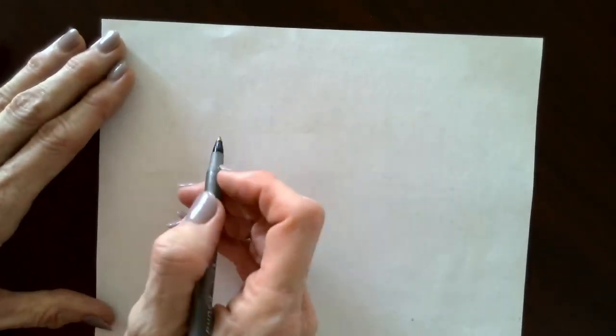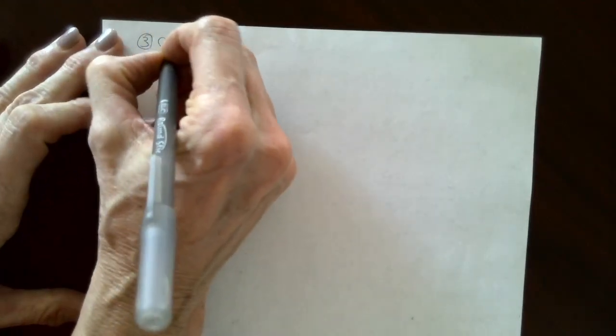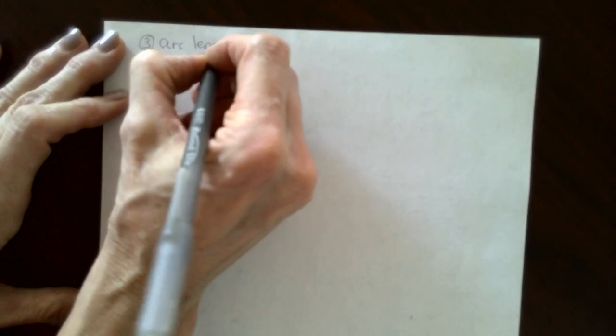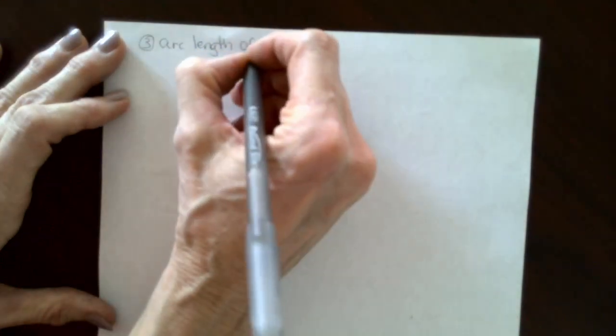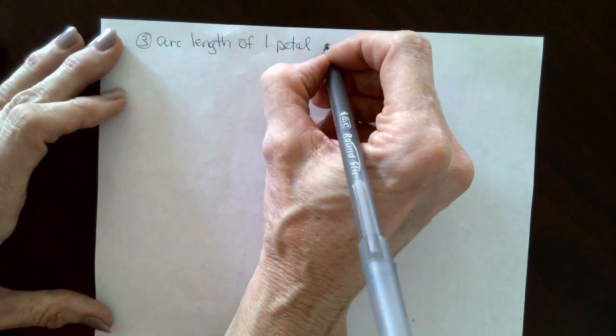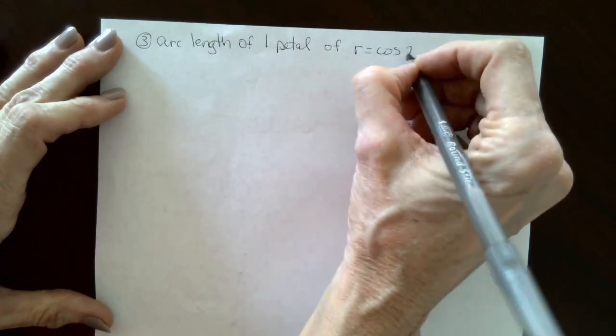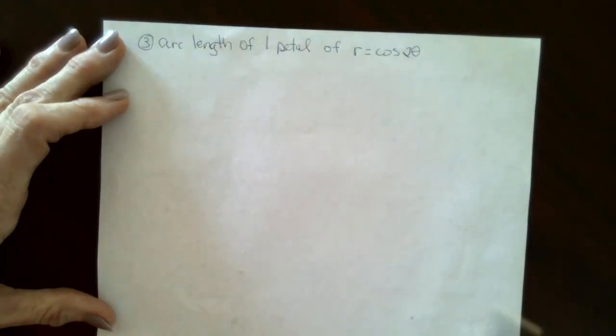Number 3 wants us to find the arc length of one petal. Okay, so we are looking for arc length of one petal of r equals cosine 2 theta. That's a rose.